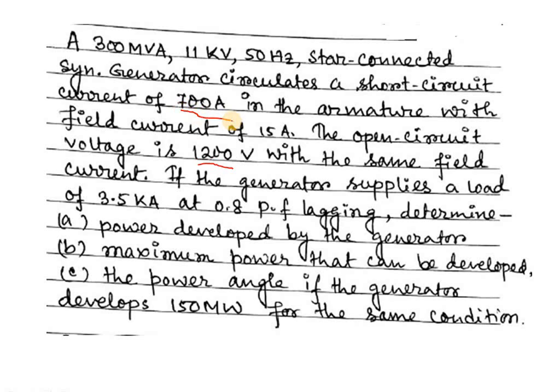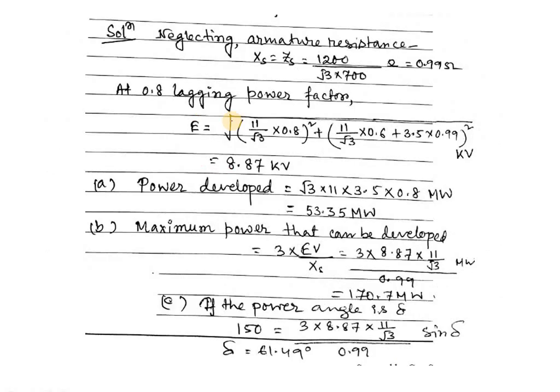That means V by I is basically Z. And as this is star connected, we have to divide by root 3. So we get XS as 0.99 ohm.